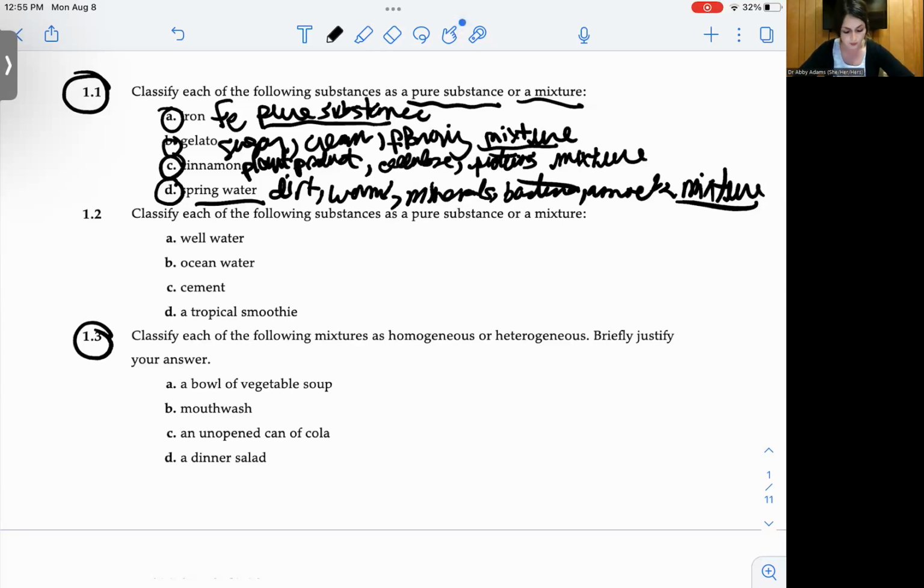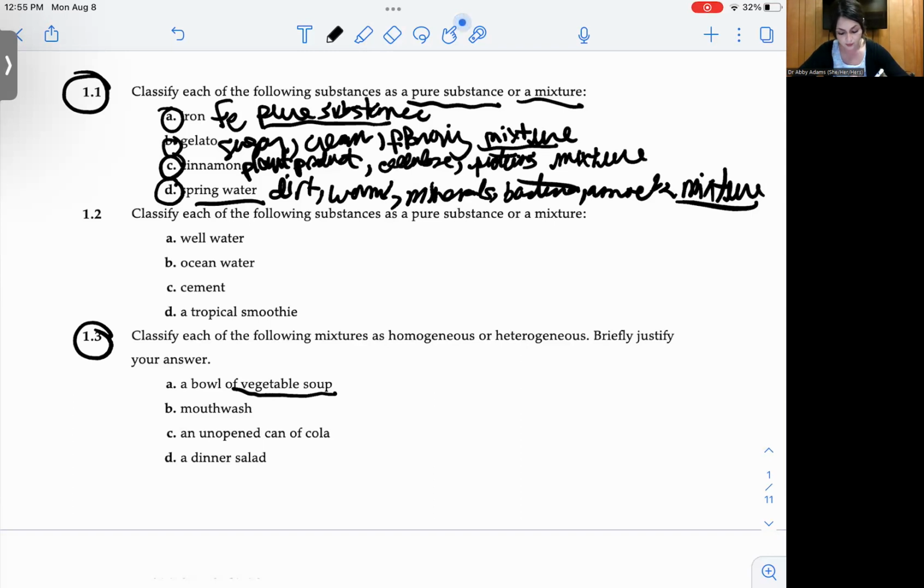1.3, let's read the problem carefully. Classify each of the following mixtures as homogeneous or heterogeneous. Briefly justify your answer. Well, the bowl of vegetable soup, that is one of the examples that was given in the book. Can you pick out the pieces of a vegetable soup, right? That's one. Can you see the differences?